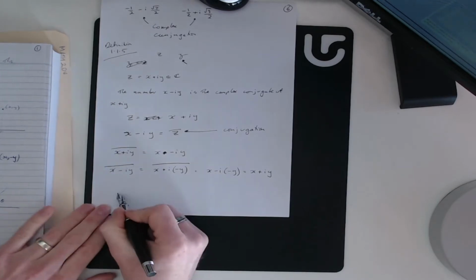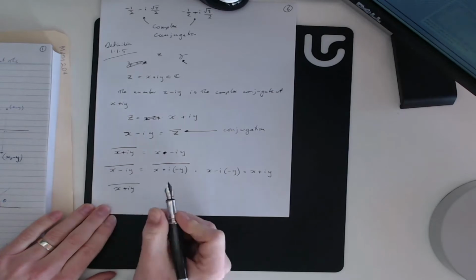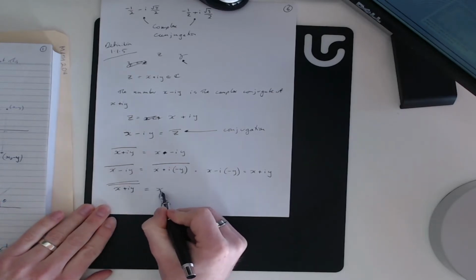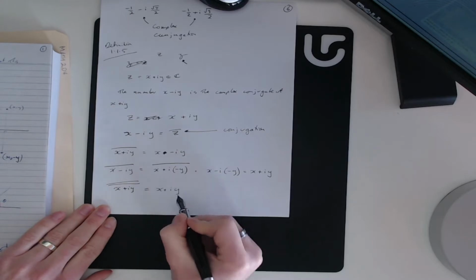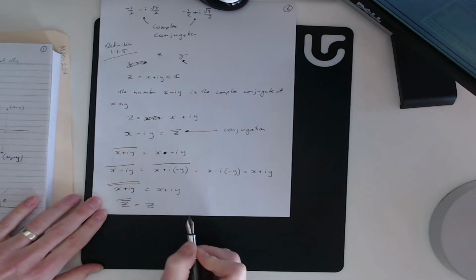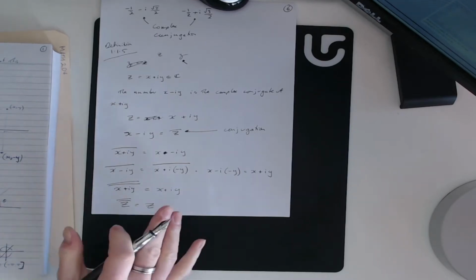The point being that the complex conjugate of the complex conjugate of x plus iy is just equal to the original number. And in the notes you'll see this written with lots of lines all over the place.